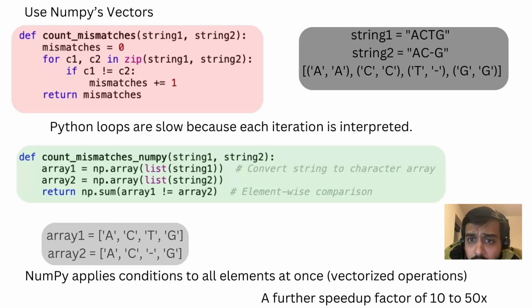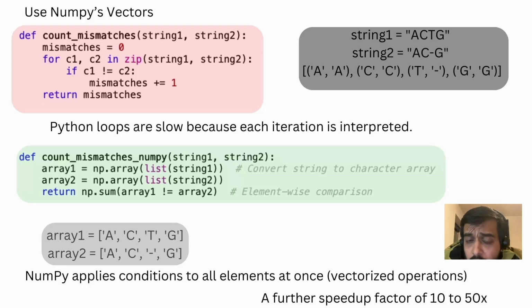I was asked how I could make this more efficient, and I immediately recognized that Python loops are very slow because Python is an interpreted language, and each instruction in the loop is executed and interpreted line by line. This makes this approach very inefficient for large datasets.